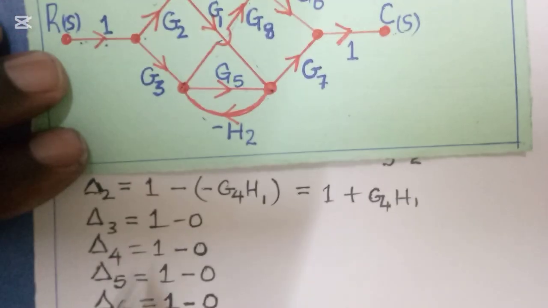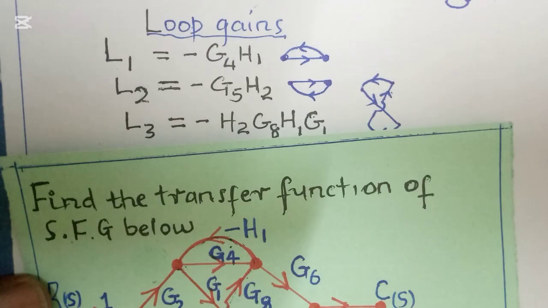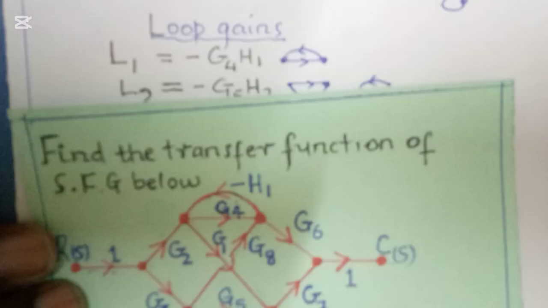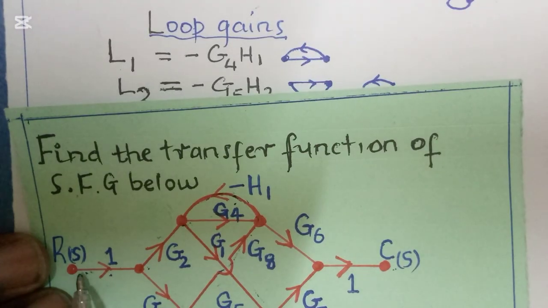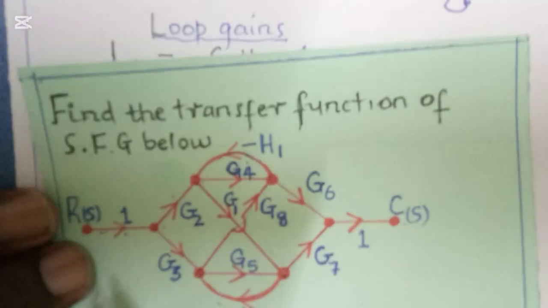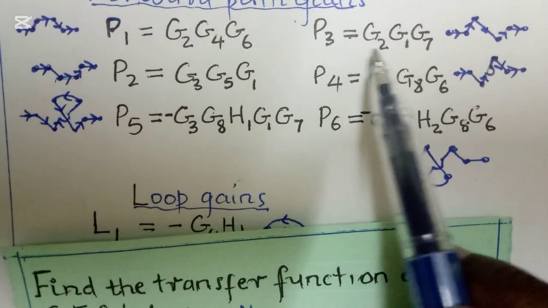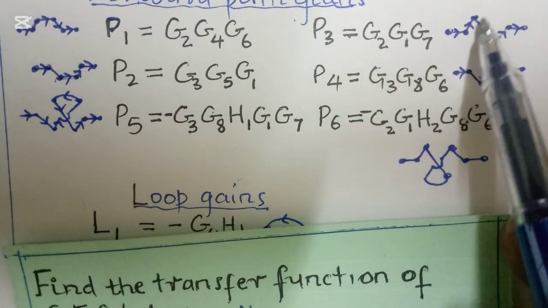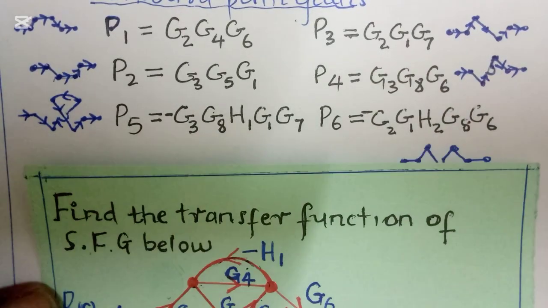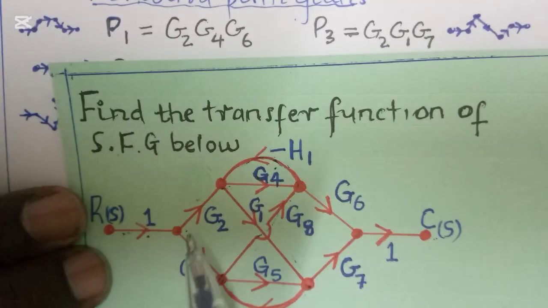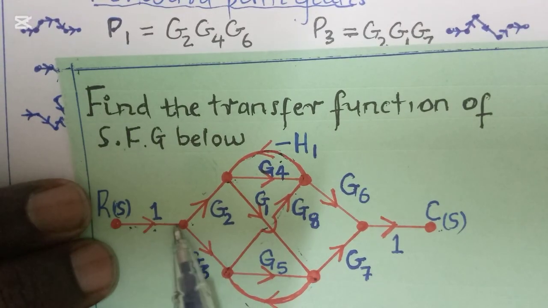Coming to delta 3, we go to path number 3. For path number 3, if we check here, as you can see, guys, it's moving like that. So in our graph, it's supposed to move like this.